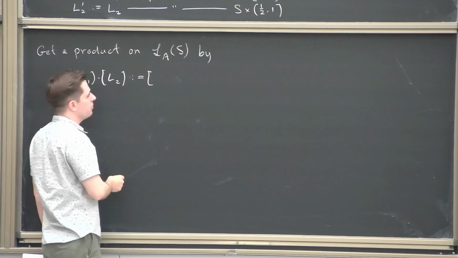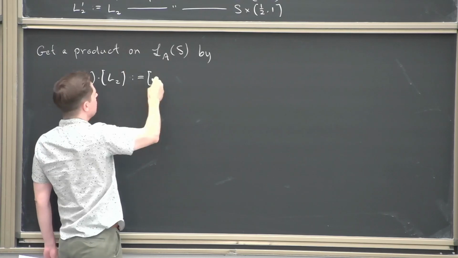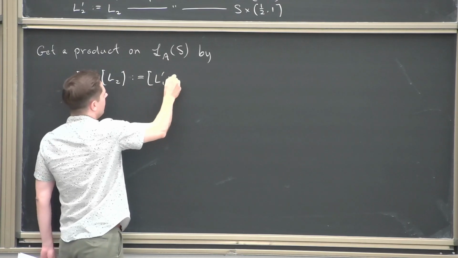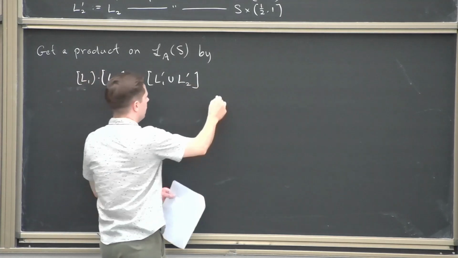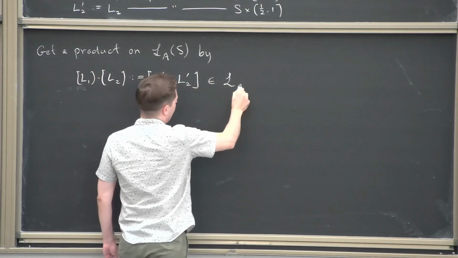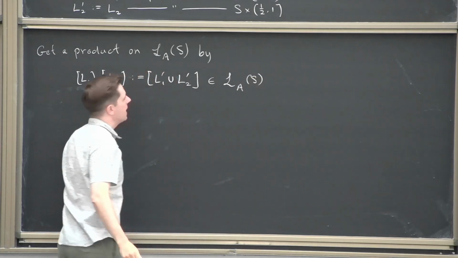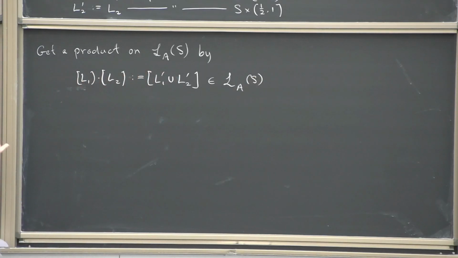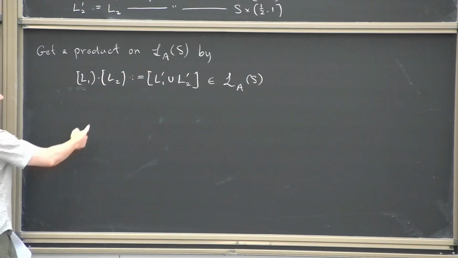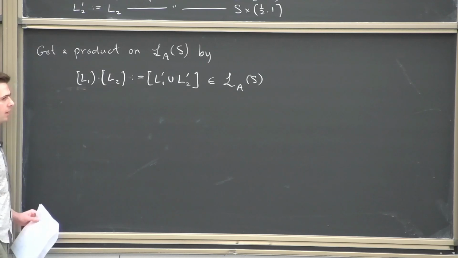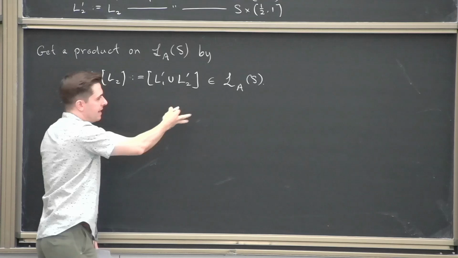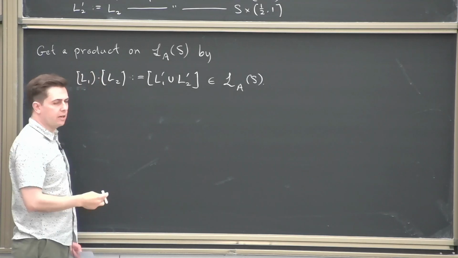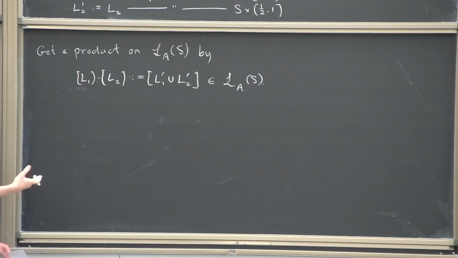We'll take the isotopy class of the union of these modified links, L1 prime and L2 prime. So that gives an element of this module, LA of S, and this definition depends only on the isotopy classes of L1 and L2, so it's well defined, and then extending bilinearly, we get a product. We get an algebra structure on this module.